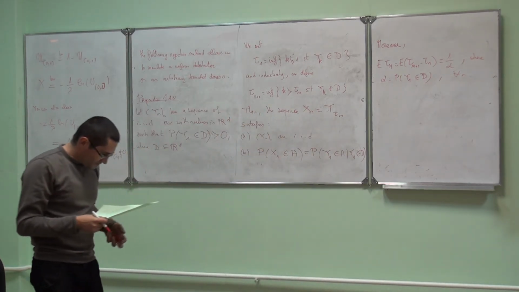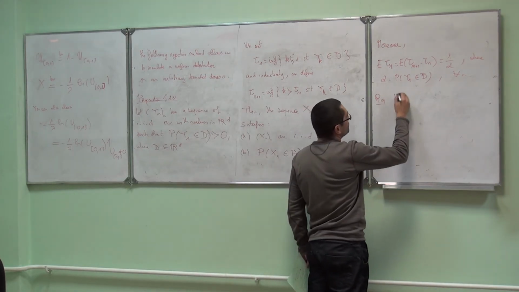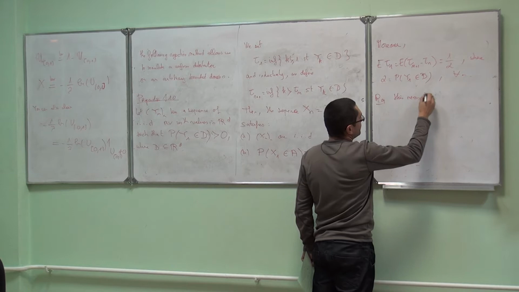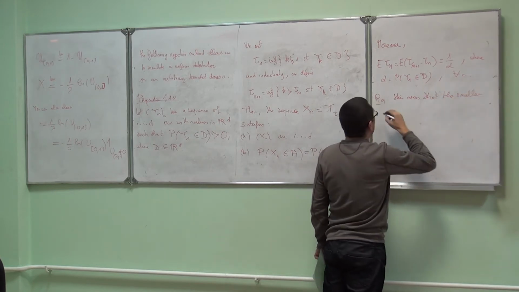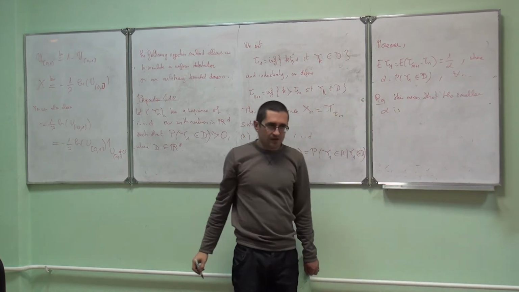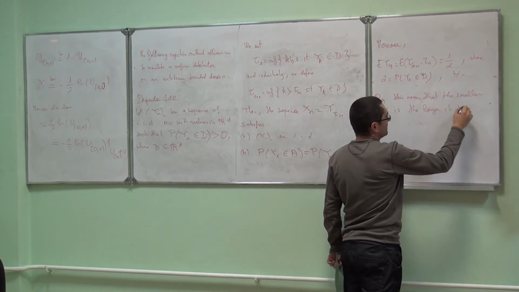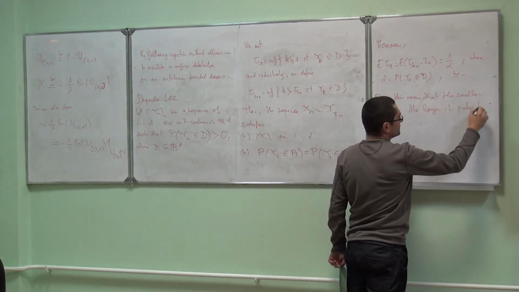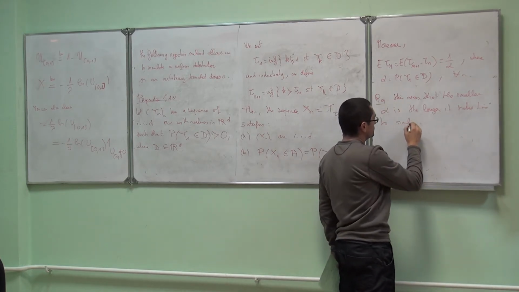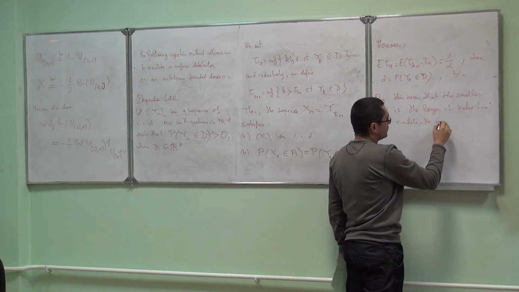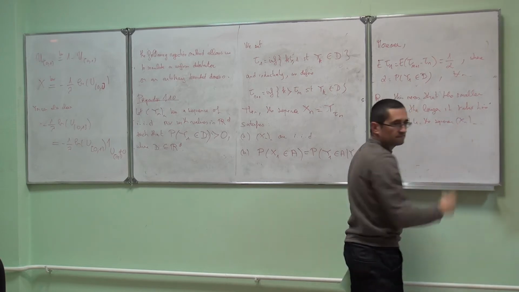And this result is important because this means that the smaller alpha is, the longer it takes time to simulate the sequence xn, right?